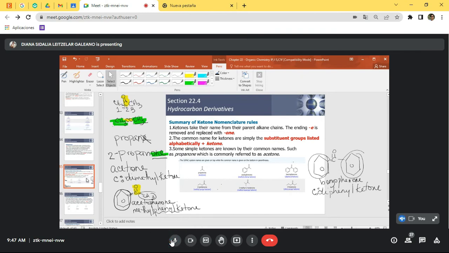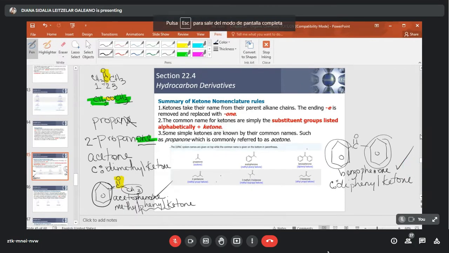Why did we call it benzophenone at first? It's a special name, as well as this one. This is a special name, and this is a special name. It doesn't follow any particular rules.